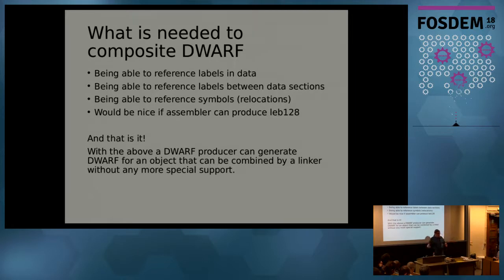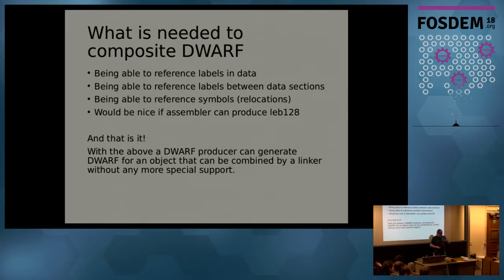To compose DWARF from two objects which contain DWARF, you don't need that much. You have an assembler where you can reference labels in a data section. You want a way to reference between sections.